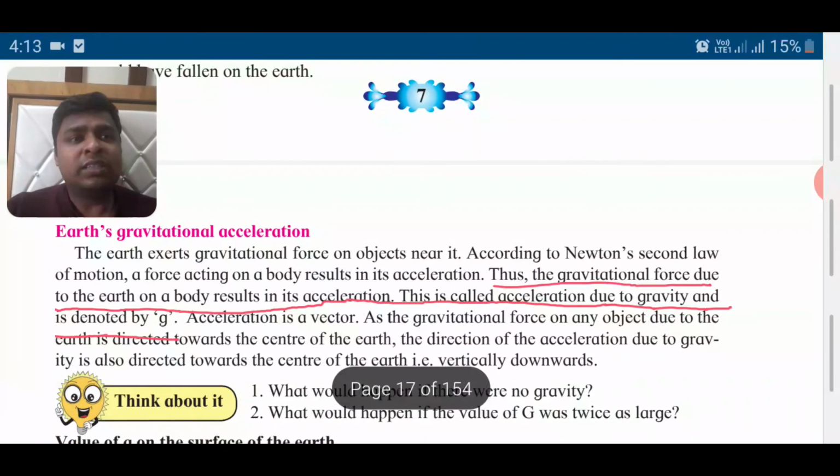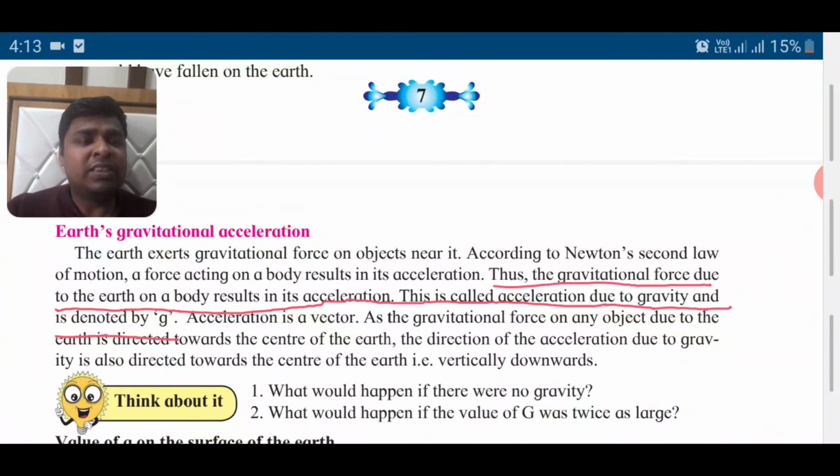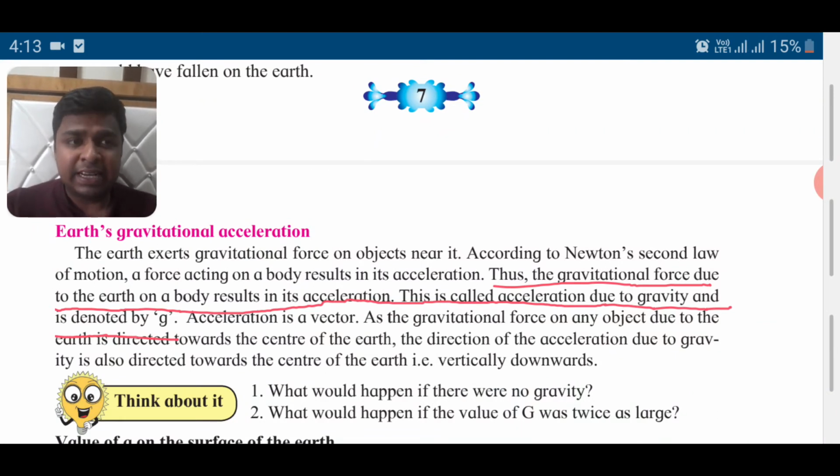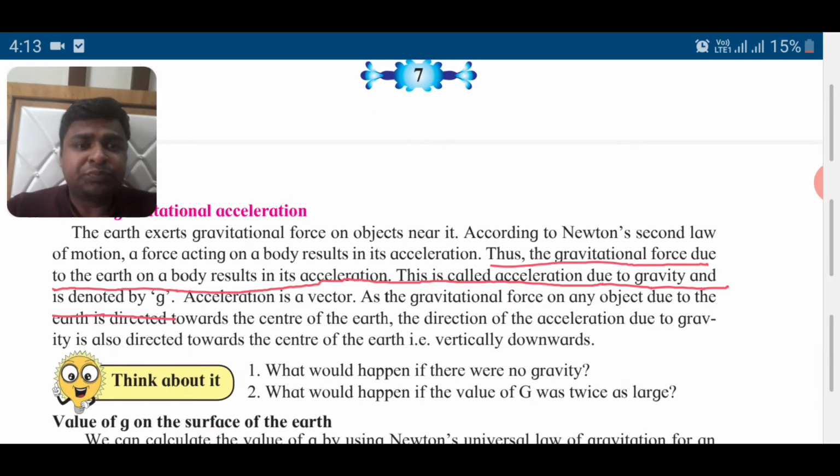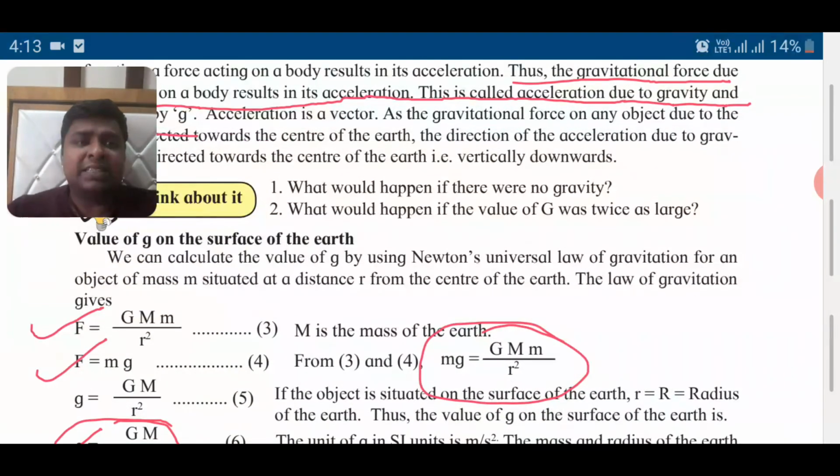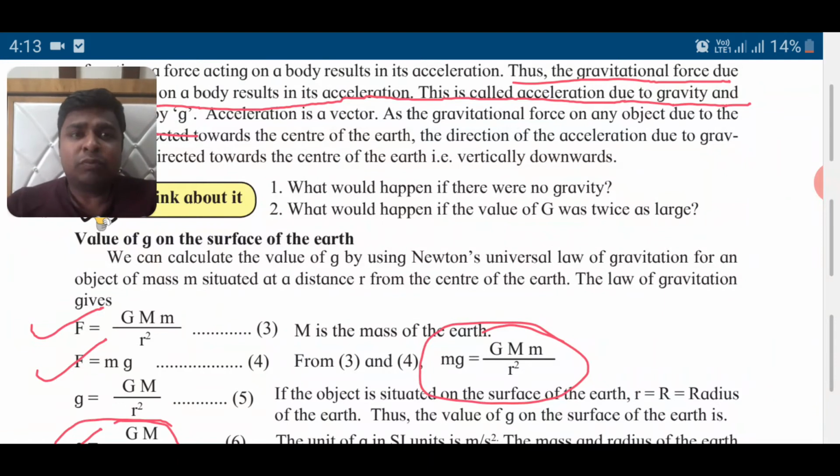Okay, so the gravitational force due to Earth results in acceleration, that is called Earth's gravitational acceleration. Let us see, F, that is the capital F, the force of gravity according to Newton's law, is G M m upon r square.